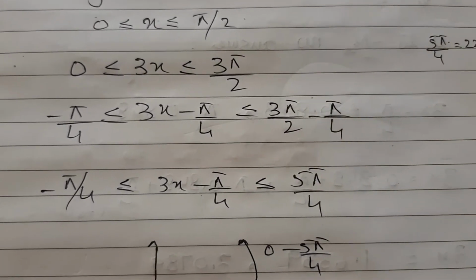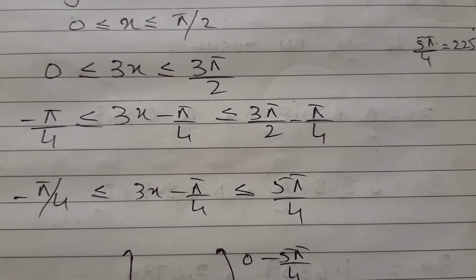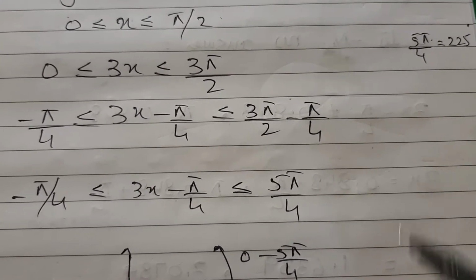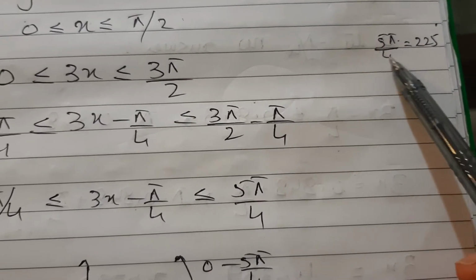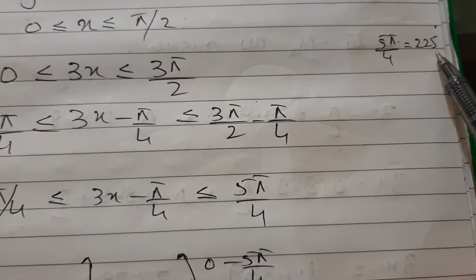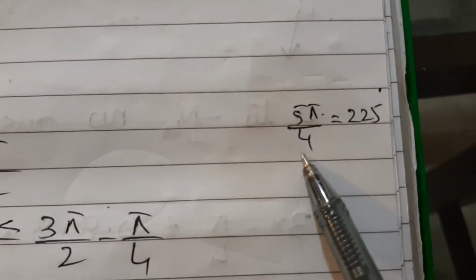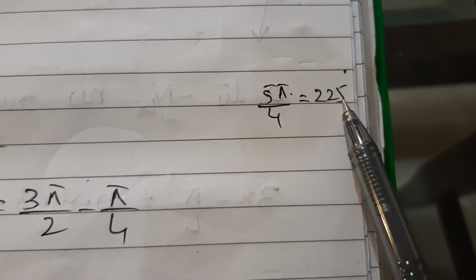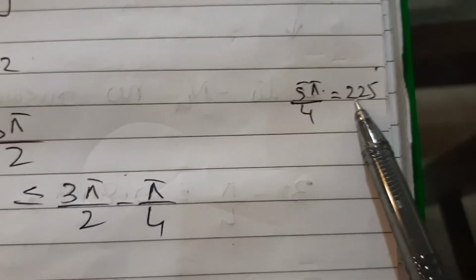Now, most of the students are comfortable with degrees, so for their comfort level they can change this radian into degrees just to check which quadrant it is in. So 5 into 180 divided by 4 equals 225 degrees. So 225 degrees means which quadrant? Third quadrant.